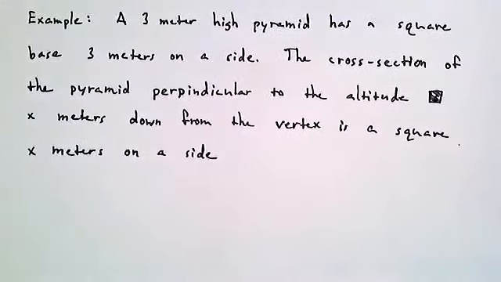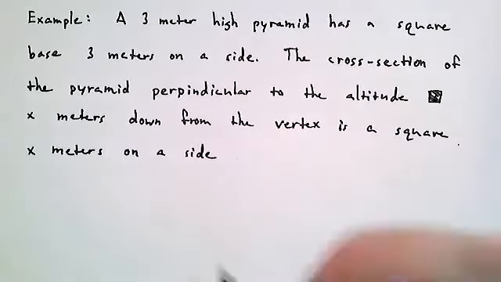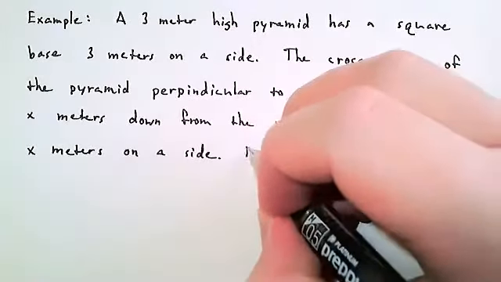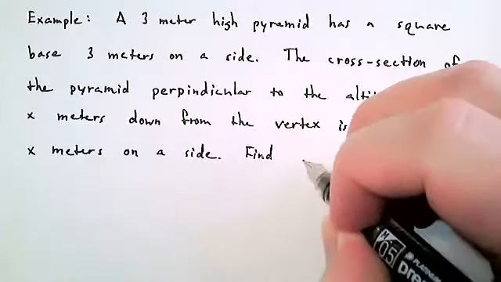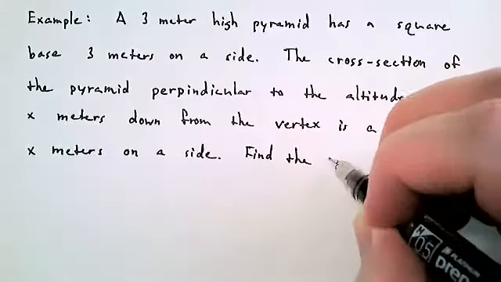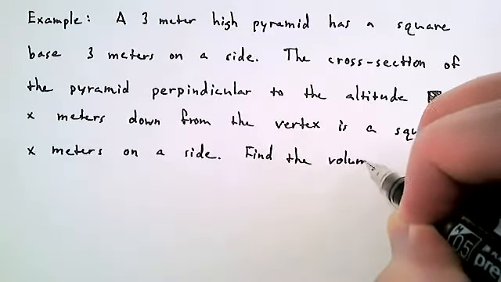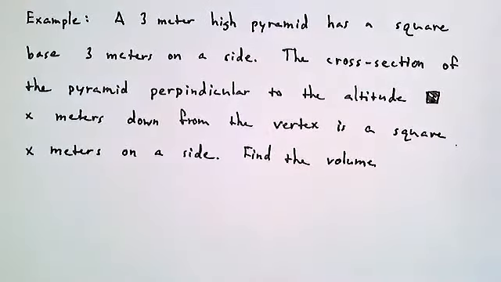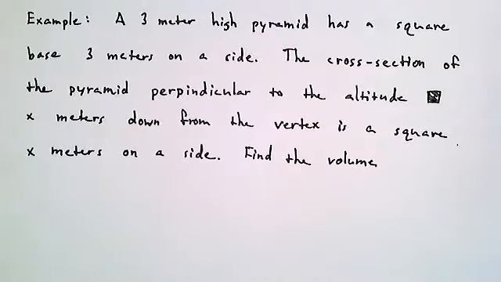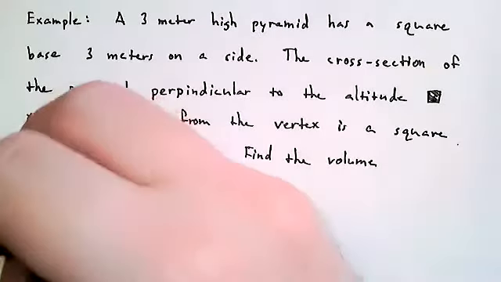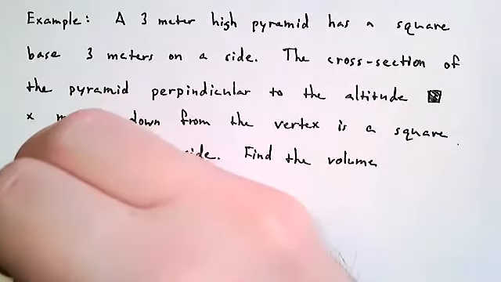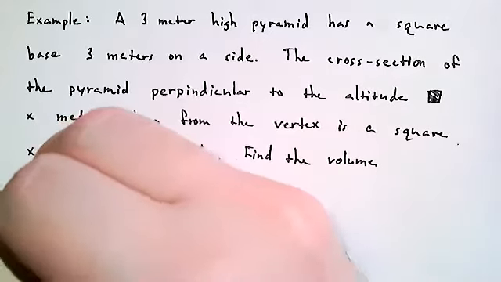Okay, so kind of a lot to process in writing. And we want to find the volume. So in order to really understand what's going on here, our first step is going to have to be to sketch a picture.